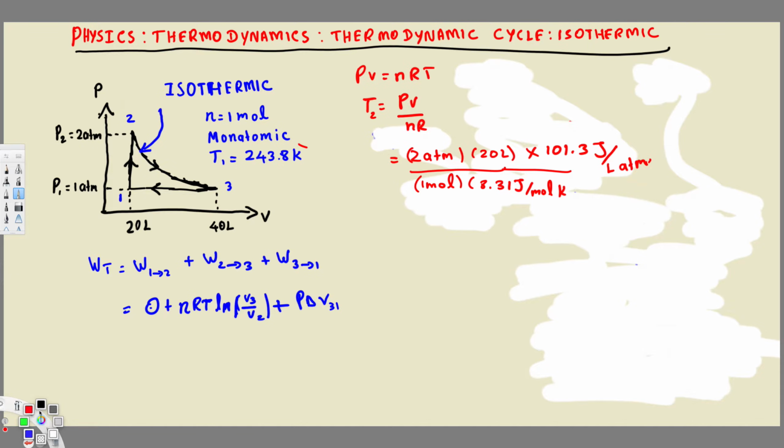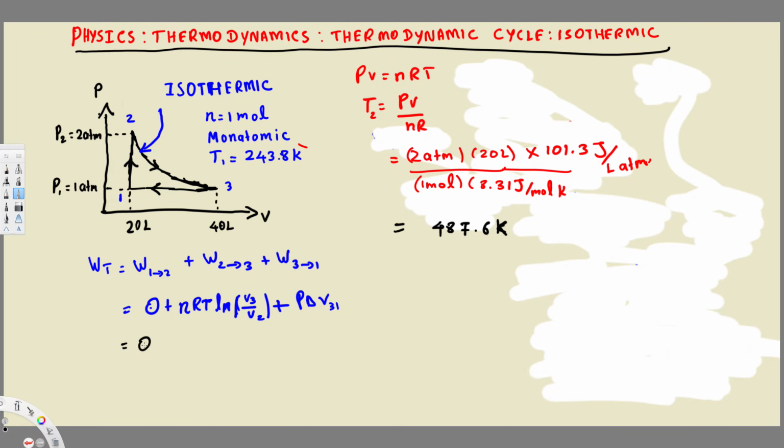And if you plug this value in the calculator, you will get 487.6 Kelvin. So that's going to be the temperature. Now we can plug that value in. Do we know V3? V3 we know. V2 also we know. So we can plug that value in and calculate this, right? So let's do the calculation.